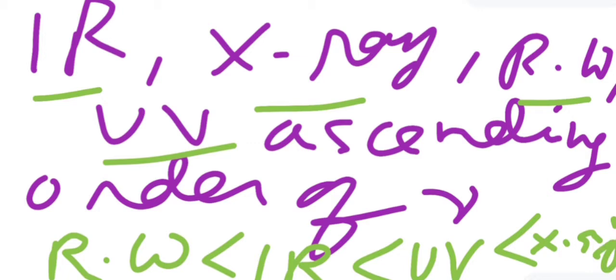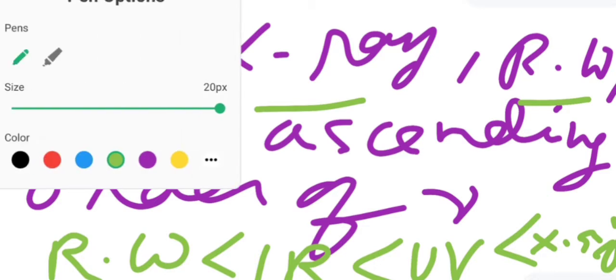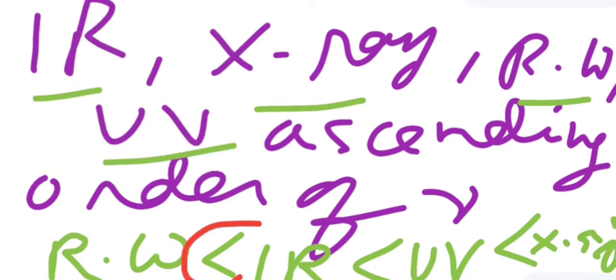So radio waves, infrared, ultraviolet, X-ray. Now we have arranged in the correct ascending order of frequency. This arrow mark denotes that, as in mathematics, radio wave is lesser and infrared is greater. I hope you know.